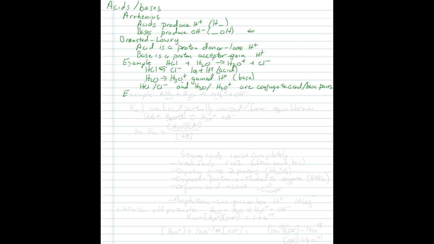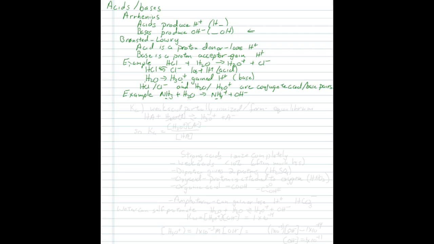Another example, NH3. Here's that nitrogen problem for Arrhenius. It reacts with water to form ammonium and OH minus. So it doesn't have OH to begin with, but it does produce an OH minus. The NH3 looks more like NH4 plus, so it has gained an H plus.